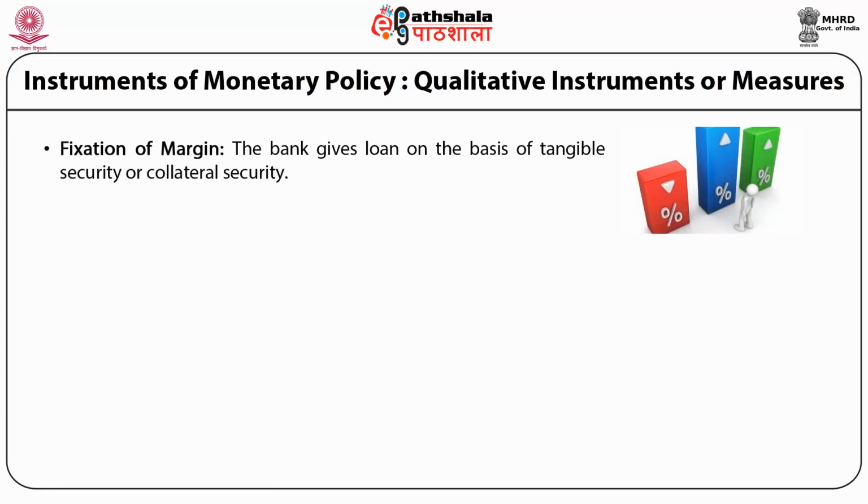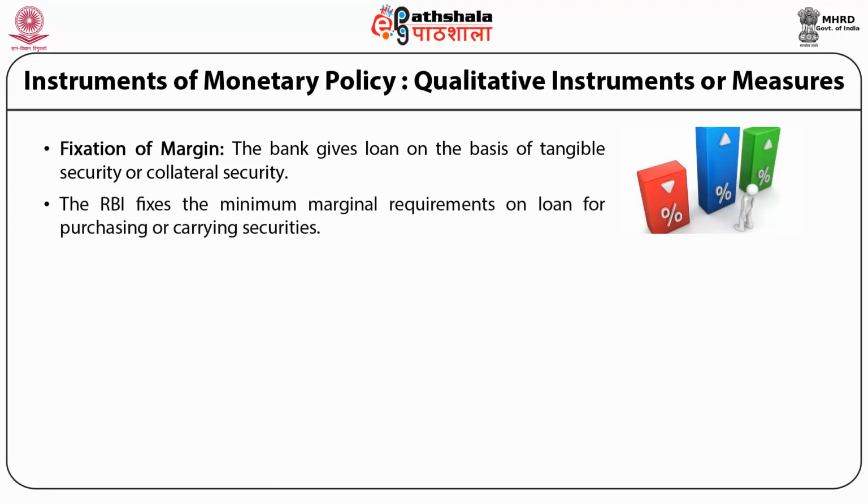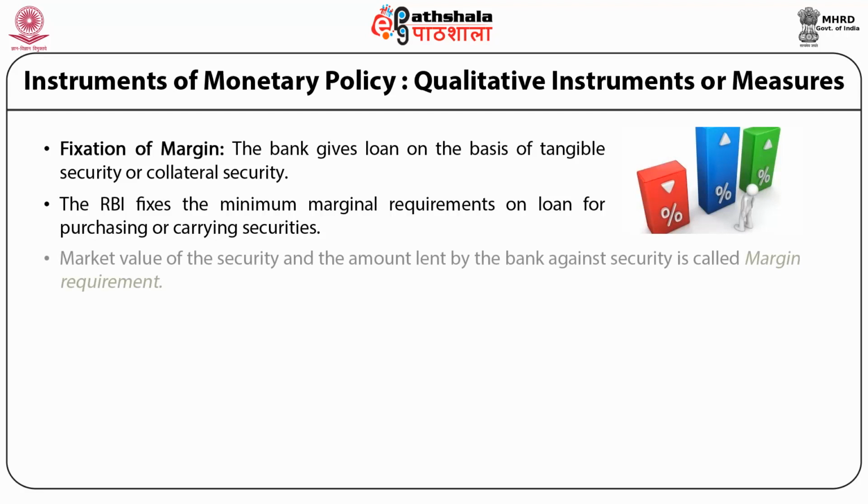Fixation of margin. The bank gives loan on the basis of tangible security or collateral security. The RBI fixes the minimum marginal requirements on loans for purchasing or carrying securities. The difference between the market value of the security and the amount lent by the bank against the security is called margin requirement.